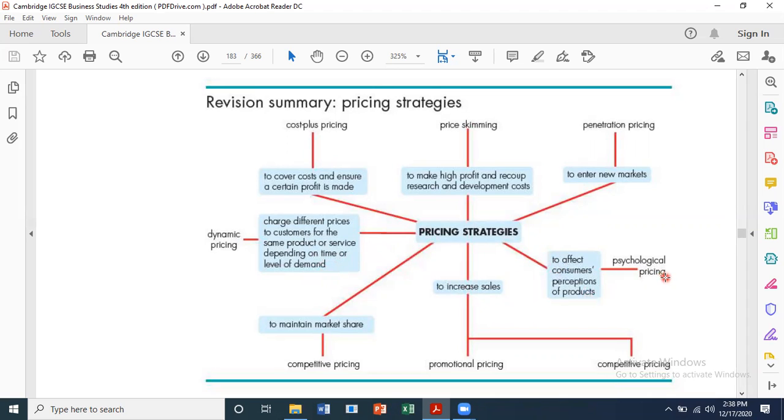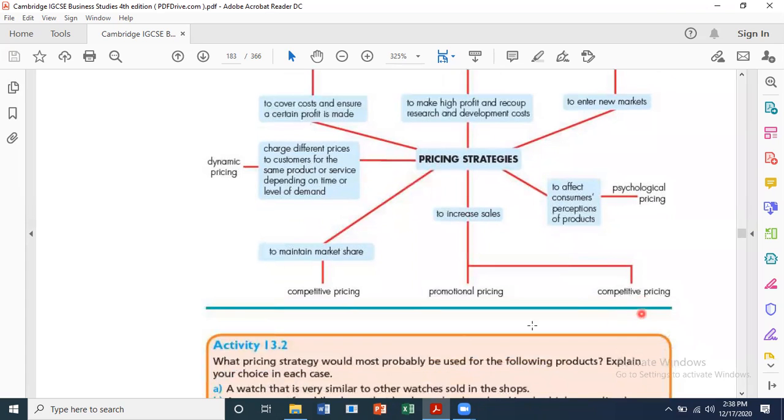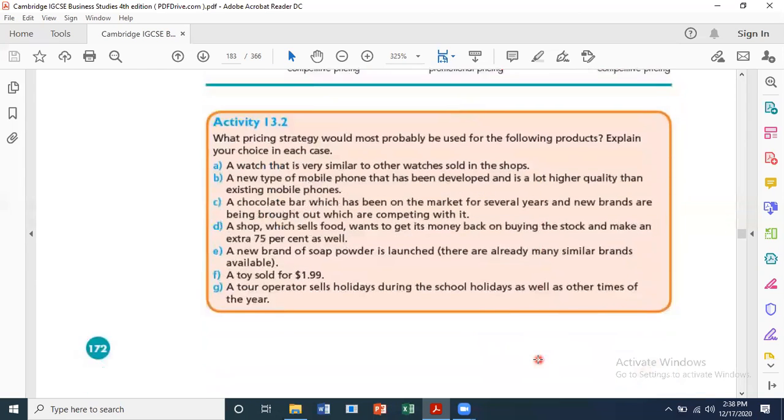Then we have psychological pricing, like the Bata pricing 99, 699, 799, 999, and it applies everywhere, pizza, even cars as well, to affect consumers' perception of products. Competitive pricing to maintain market share, and promotional pricing to increase sales. Okay, this is how it's going to be.